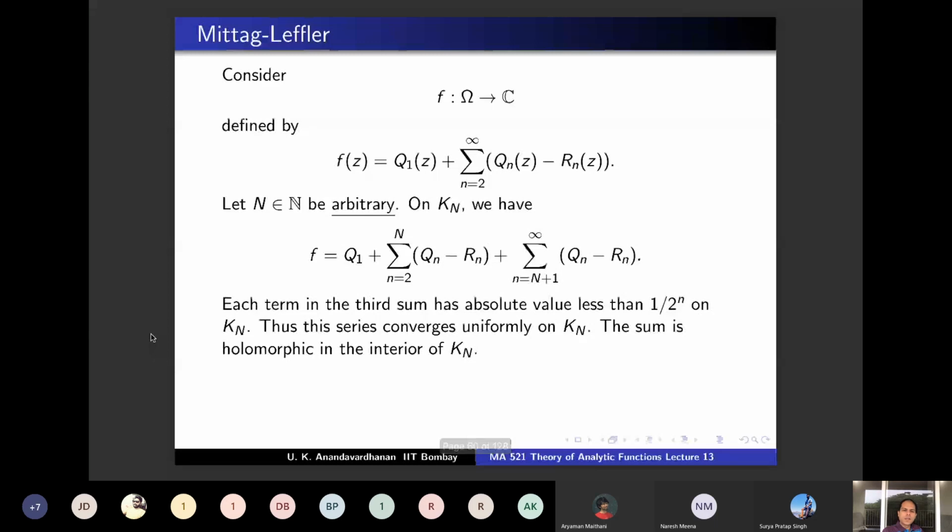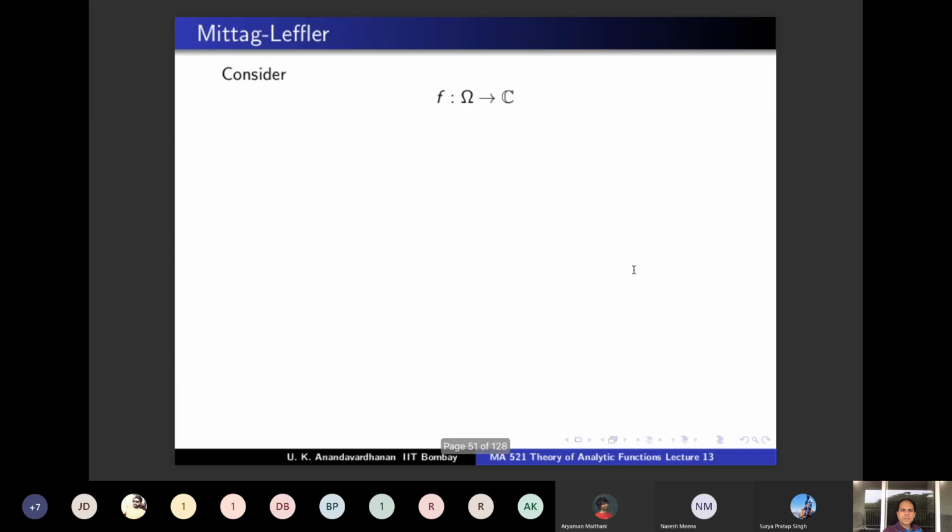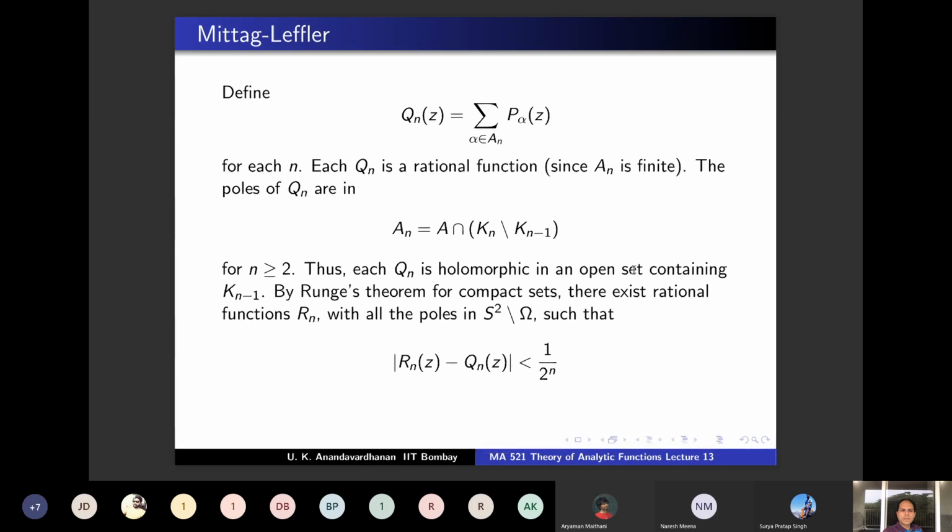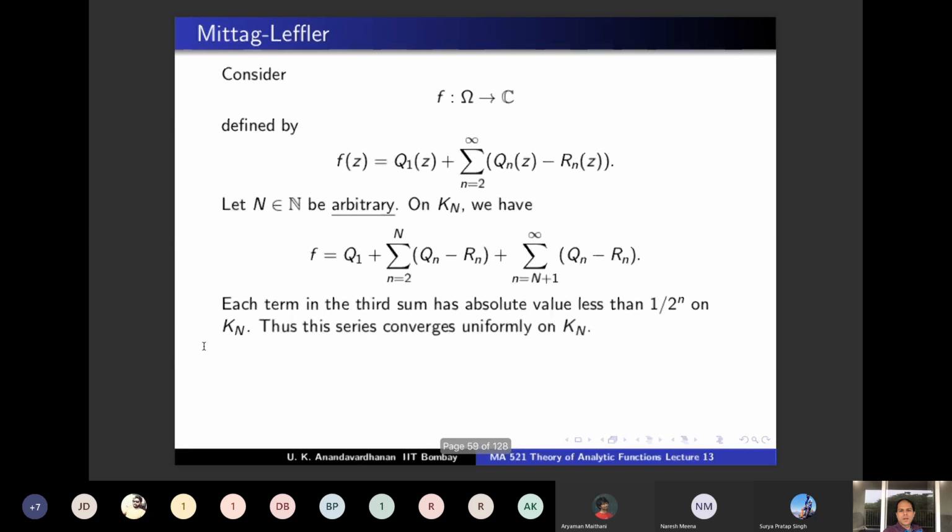Moreover, the sum is holomorphic in the interior of Kn. Why? Because each Qn minus Rn is holomorphic on Kn.